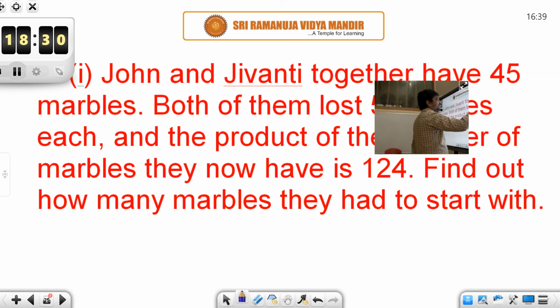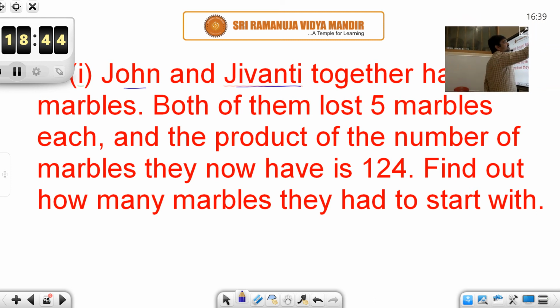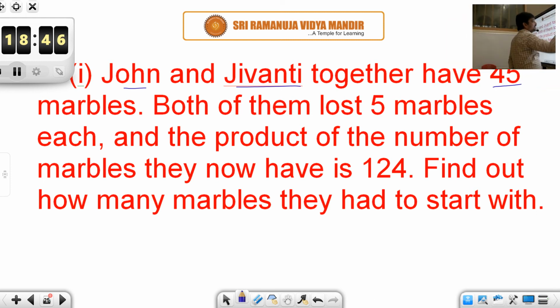Let's see how to solve the quadratic equation using this factorization method itself. See, the question is: John and Jayanti together have 45 marbles.